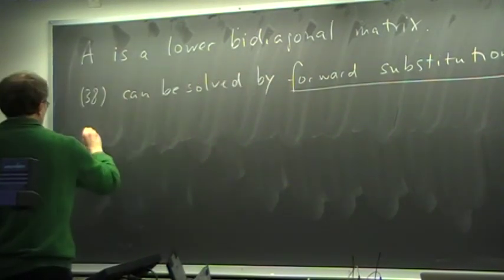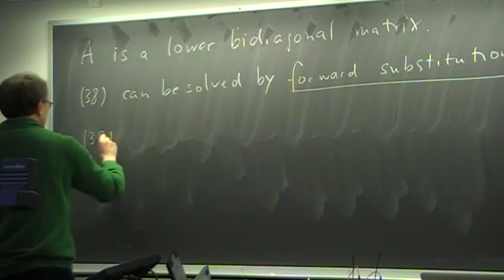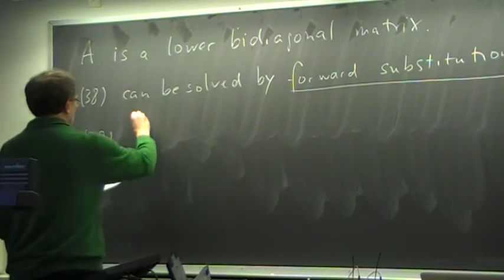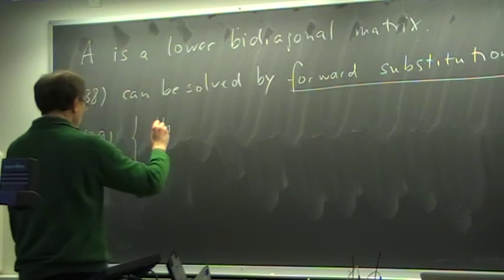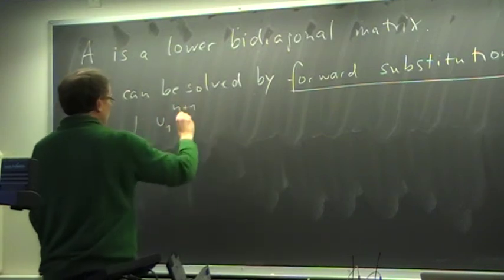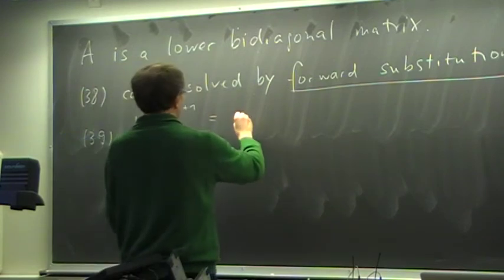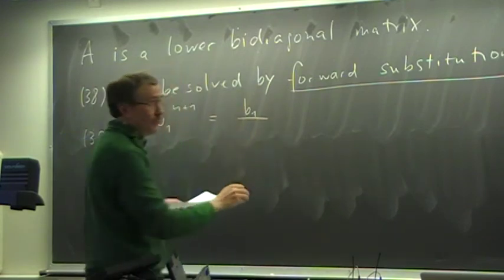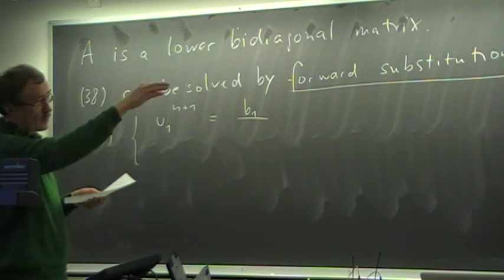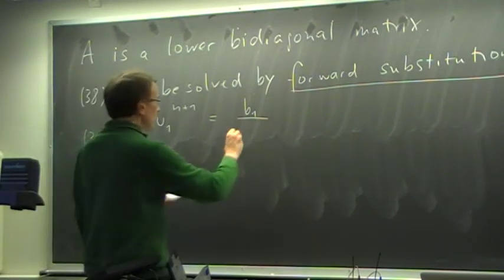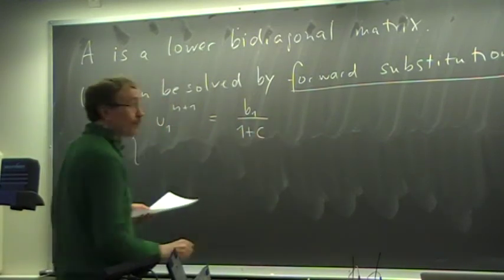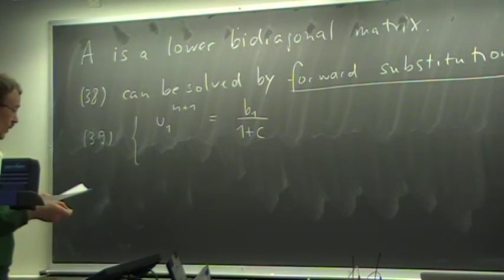And then the algorithm is the following. As I just said, the value u1 at the new time level is b1, the first component on the right hand side, divided by 1 plus c. And then the next ones we can do.